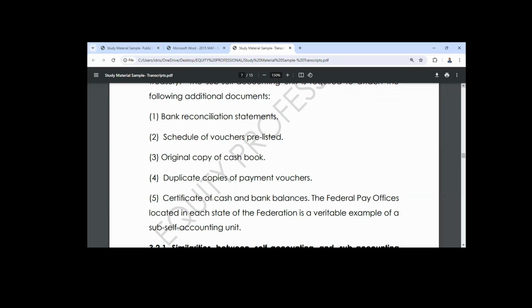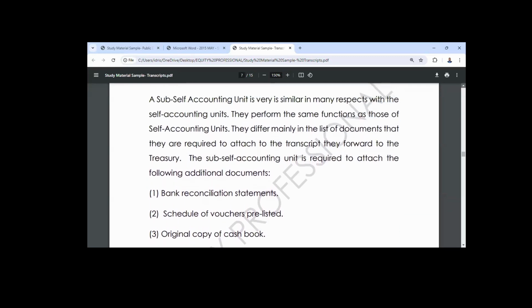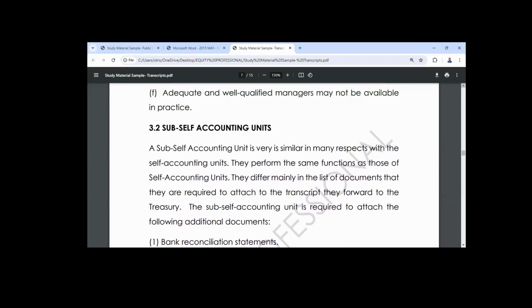Like I said, sub-self accounting units are ministries or extra-ministerial departments, NMPC, FAN, MPA, NIMASA. Though they have control over the accounting record, they do not have full control. They are under some ministry.